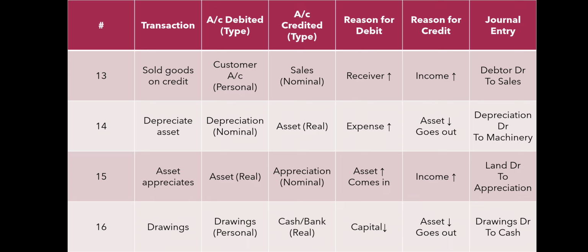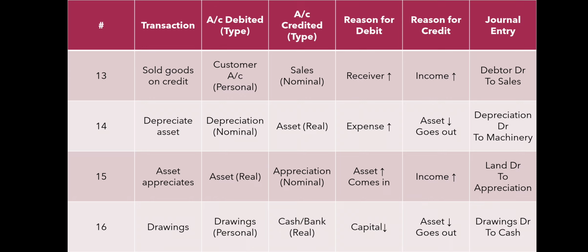And it will be debited. Why? Because my capital is reducing. Capital is reducing means it's going out of the business, right? And cash or bank account, it will go out directly or indirectly in the form of cash, so that will be credited.